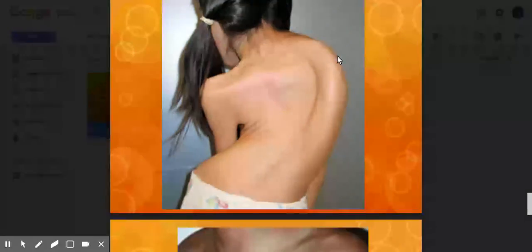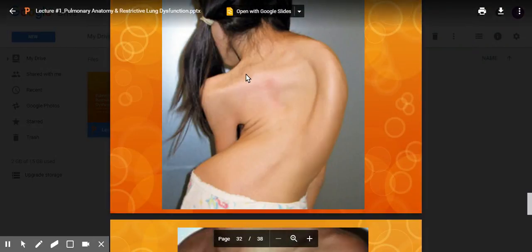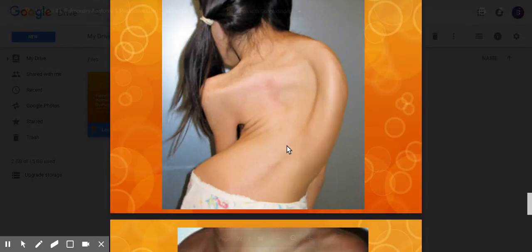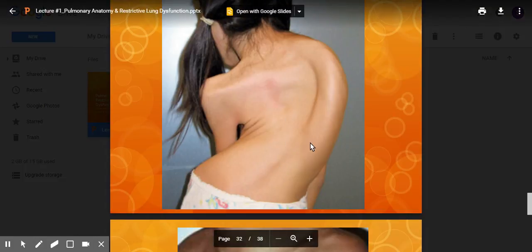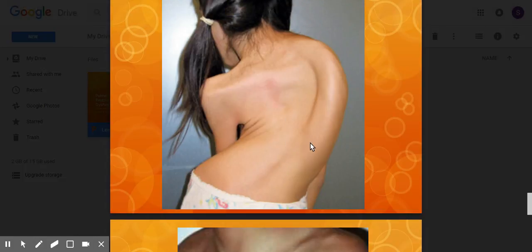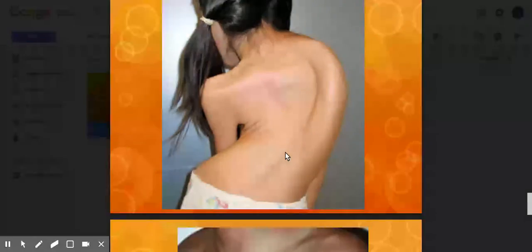I think one of the great disservices that we as PTs do is that we don't think about what sort of limited cardiopulmonary capacity does this individual have as a result of their severe scoliosis or kyphosis, and how do we account for that when we look at plans of care and intervention with patients like this.